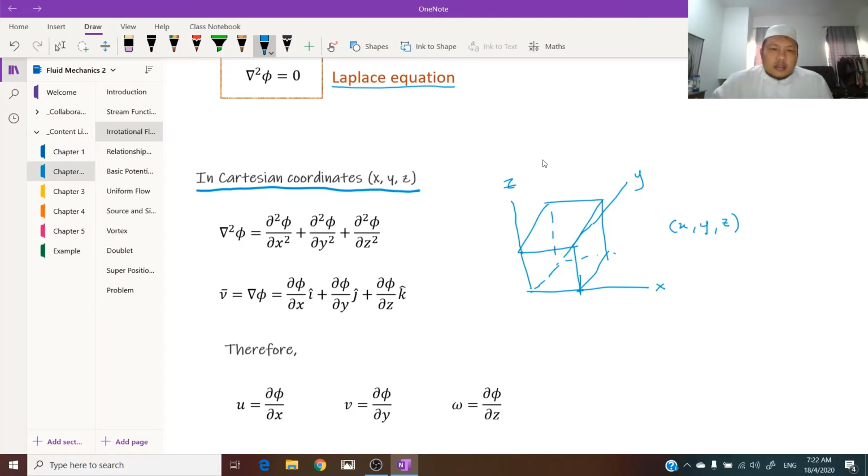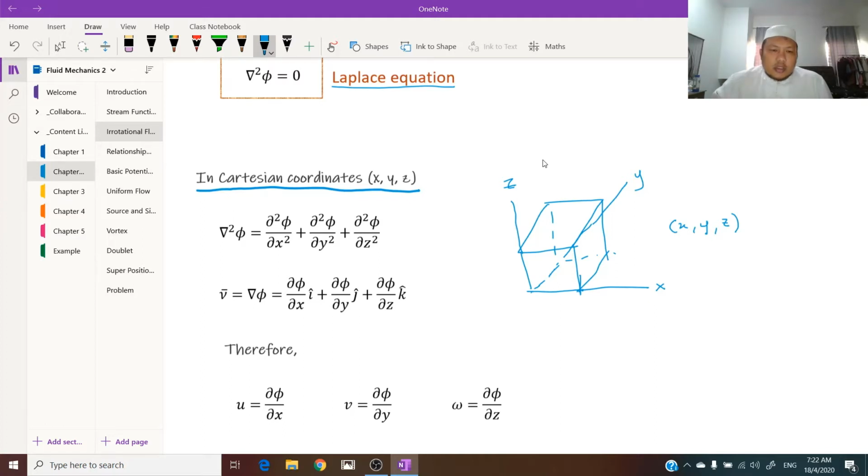In this case, del squared phi equals del squared phi over del x squared plus del squared phi over del y squared plus del squared phi over del z squared.